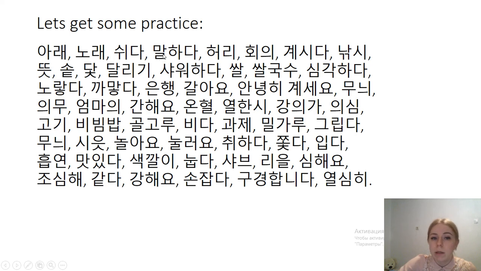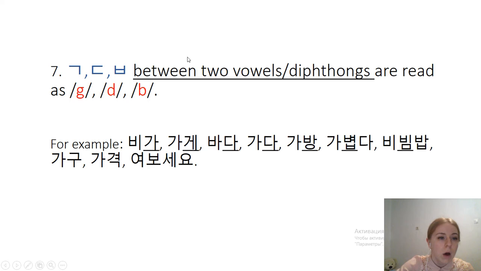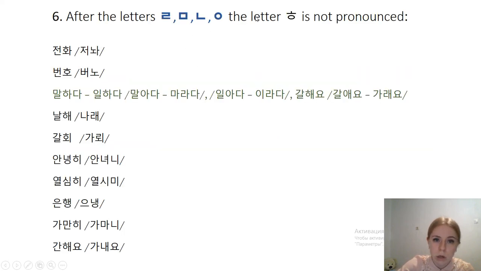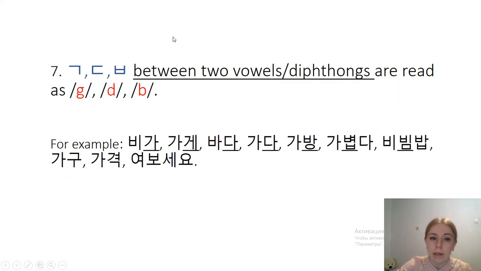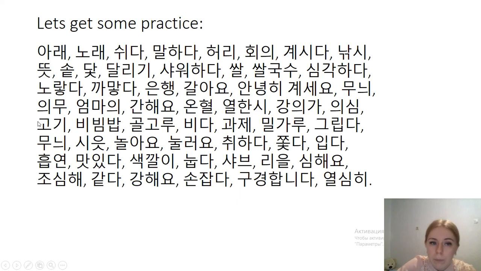We say it this way because we don't read the h sound, and we combine li plus a. A is a vowel, so we read this word like 말하다. All these rules we will meet here. 말하다.